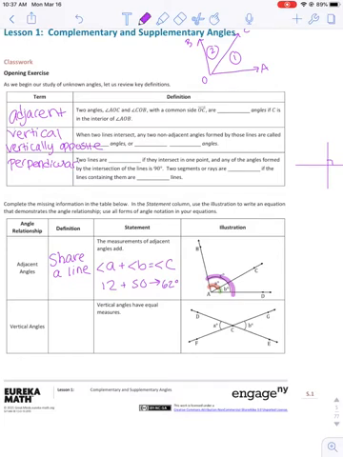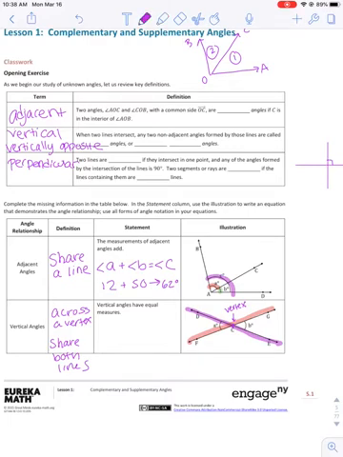Vertical angles: the definition is that they are across a vertex and they actually share both lines. So in this picture, C is our vertex. And if you look, they both have this purple line and they both have this red line. Angle B and angle A both have the same lines making them up.